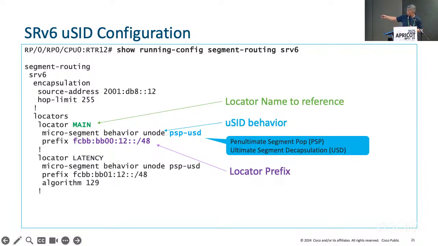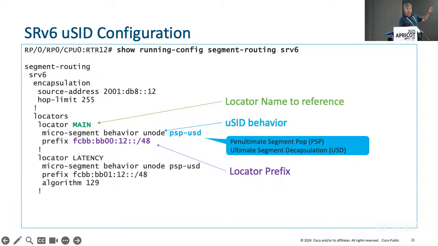We define this inside segment routing, so we have the main locator and the low latency locator, and you have to assign a prefix. Basically, a prefix like a loopback on the node. And this loopback helps identify a unique node.